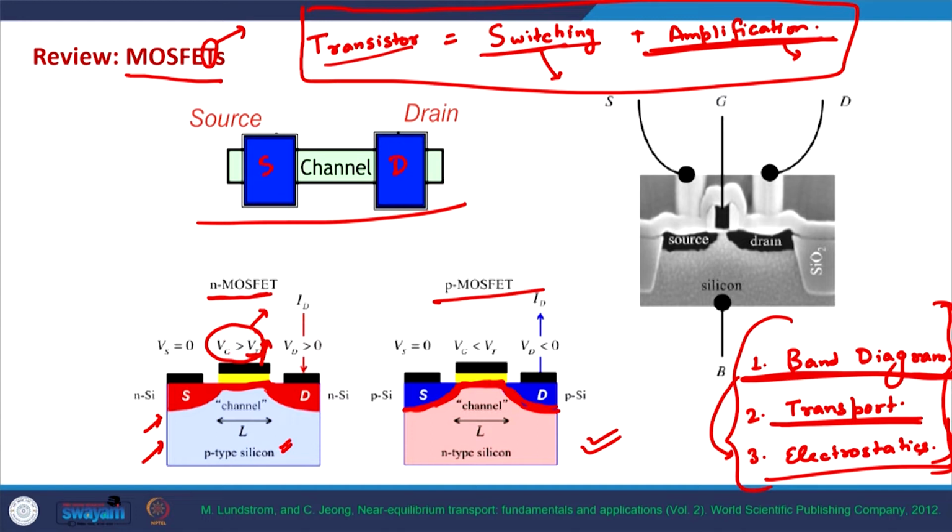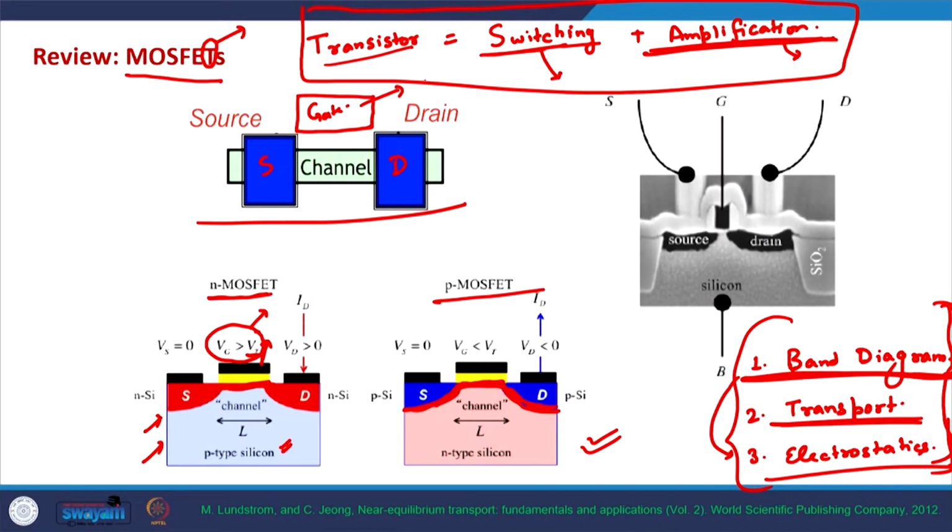And that's why this third terminal is like a control terminal in our device. The source and the drain terminals are the active terminals because the current flows through them, and this third terminal controls whether the current would flow or not in the device.